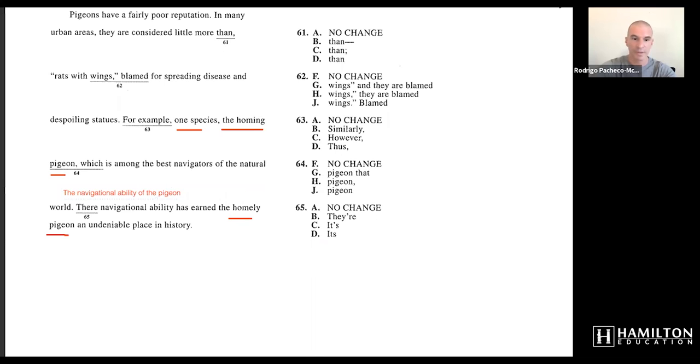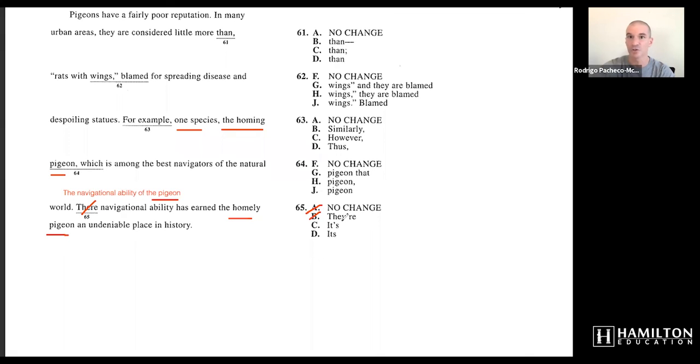This is another way that we would say this, the navigational ability of the pigeon. Again, we're talking about a singular pigeon. So we're talking about its navigational ability, its navigational ability. So we know that it can't be there. We can eliminate A, and we can also eliminate B.